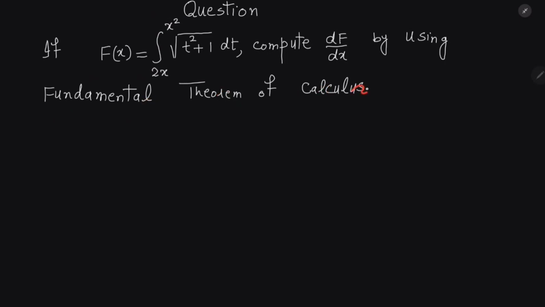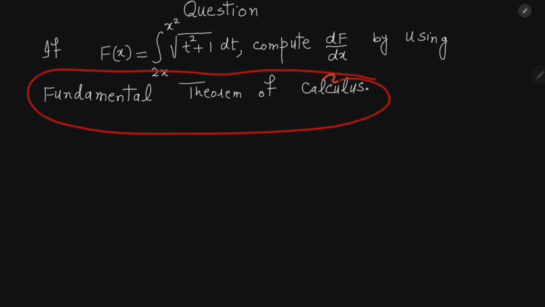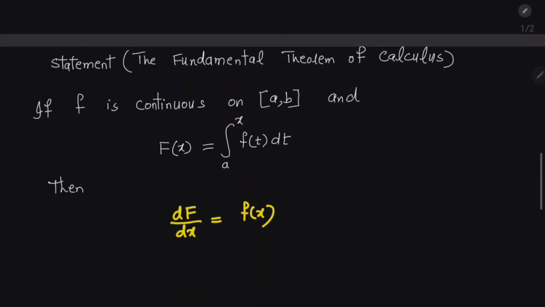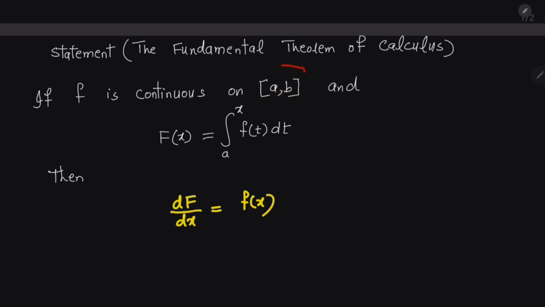So first we need to understand what the fundamental theorem of calculus is. It says that if we have a function that is continuous on [a, b], and the upper limit is variable and the lower limit is constant, then when you solve this definite integral, you get a function which depends on x.